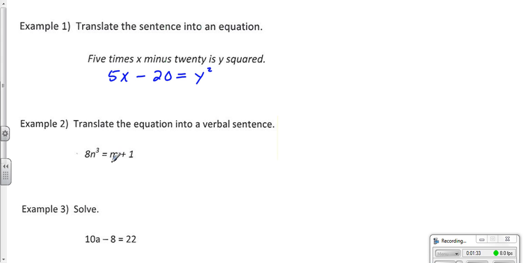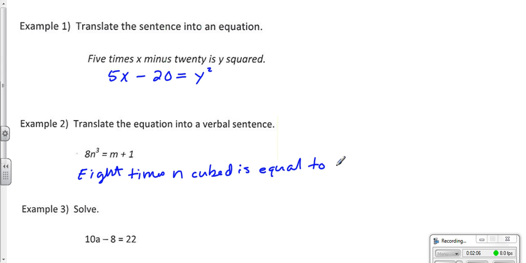If we want to go from an equation into a sentence, we would write: eight times n cubed is equal to m plus 1.